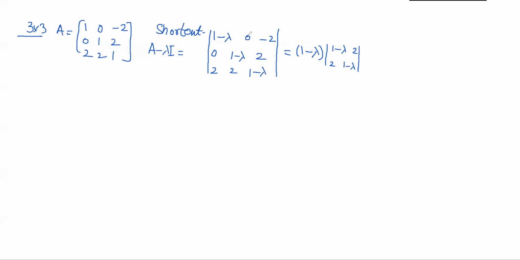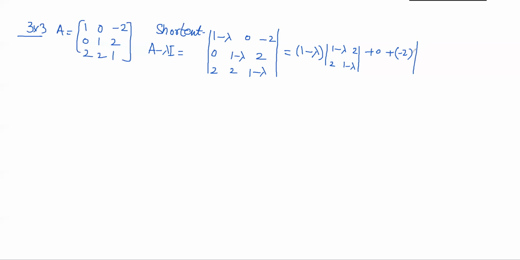And the second term is 0, so we just put 0. And then the signs change like plus, minus, plus, so it will be plus, and minus 2 is already there.